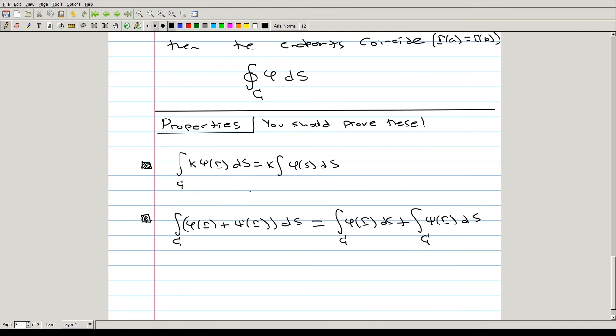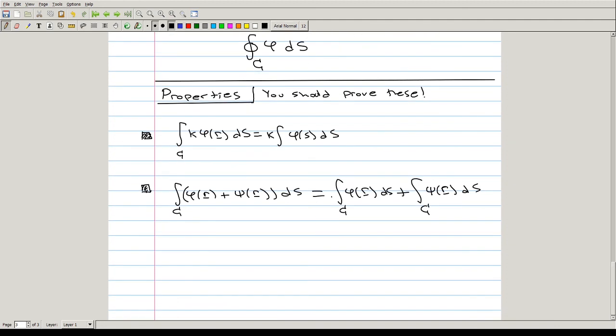These two properties make the line integral a linear operation, just like any other integration operation that we have.